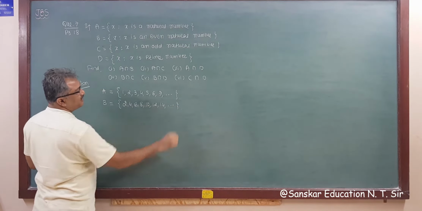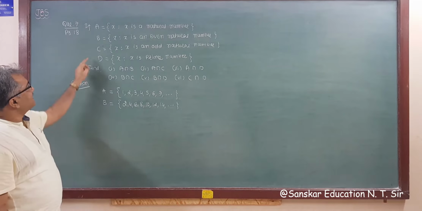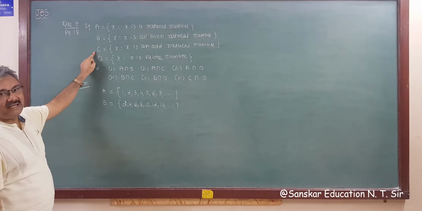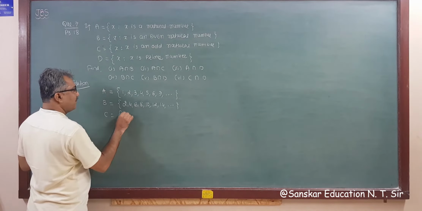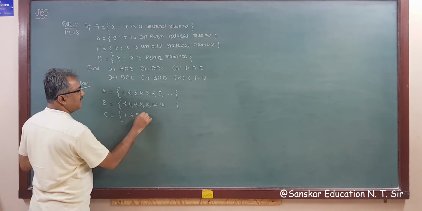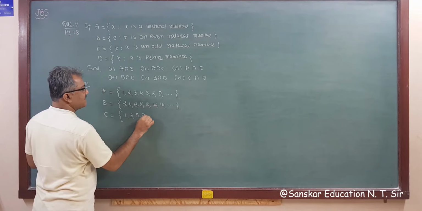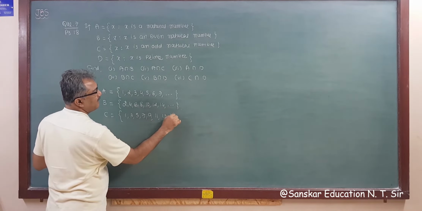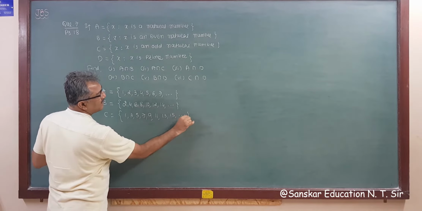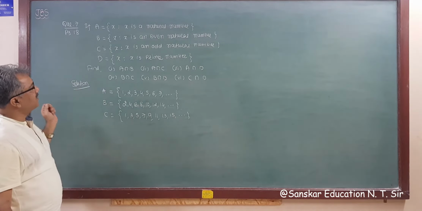Set C, X is an odd natural number. So the odd natural numbers are 1, 3, 5, 7, 9, 11, 13, 15. These are the odd natural numbers.